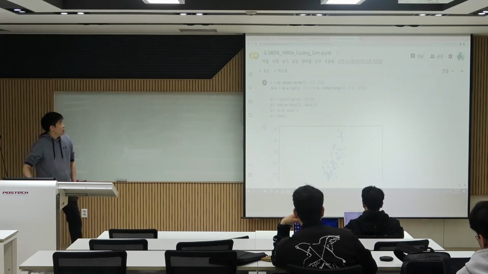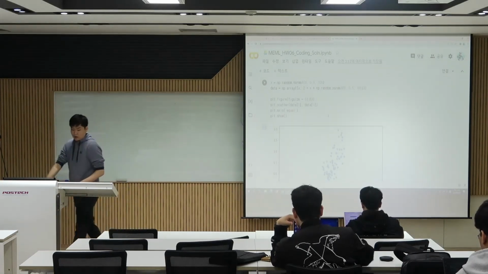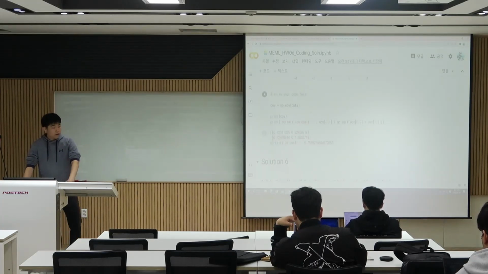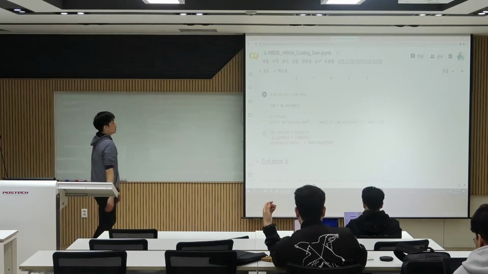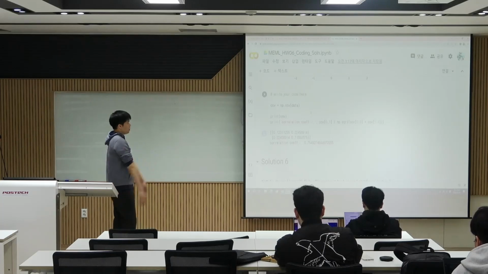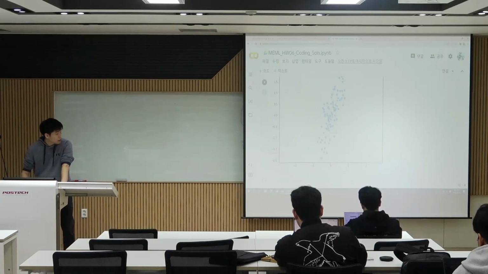Now we are given a new data set, and we want to find the covariance matrix and use correlation coefficients. The covariance matrix can be computed simply by using the NumPy cov of the data. Data is just the data we just got.